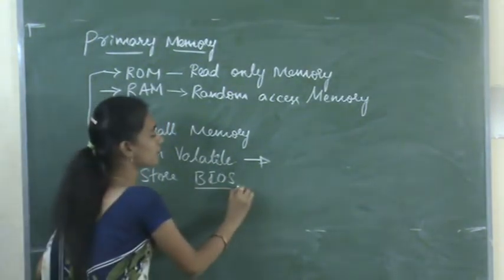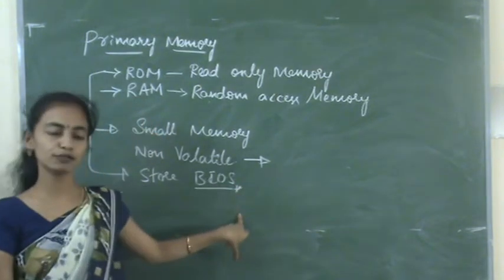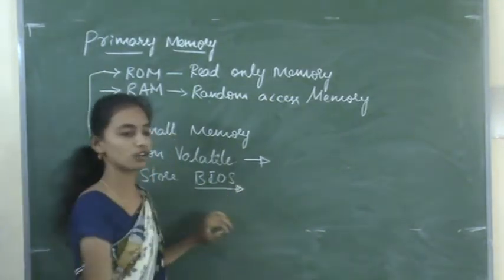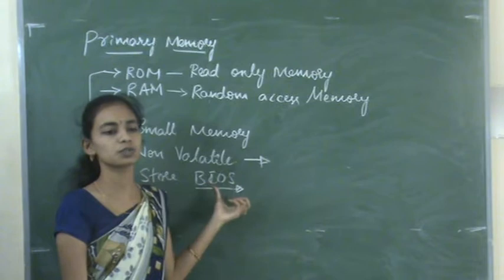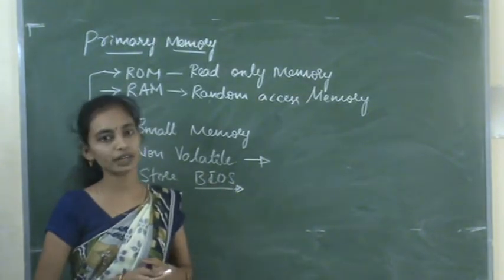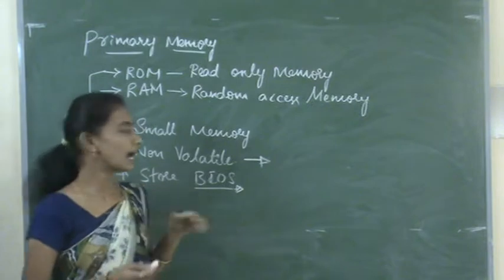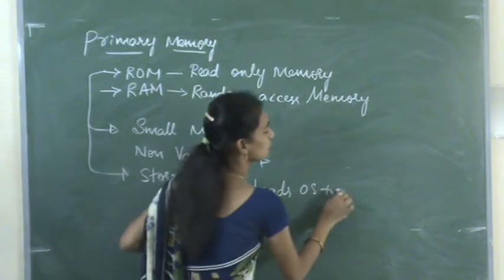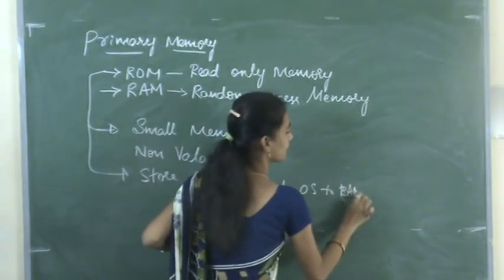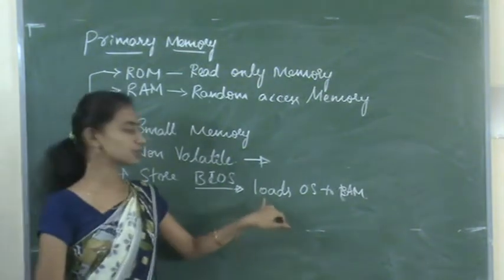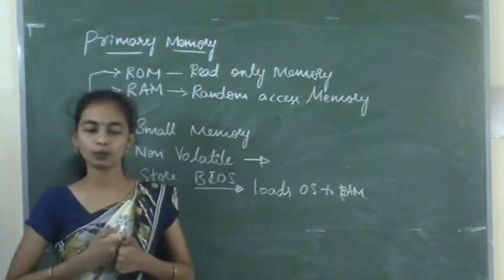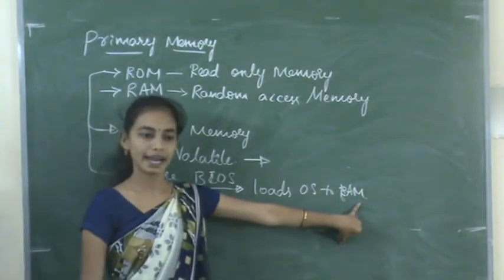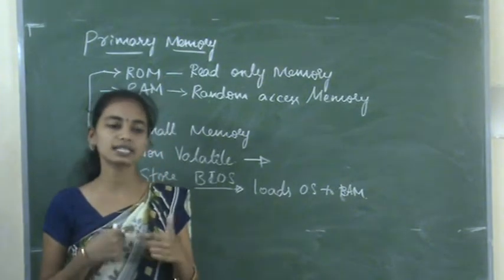We use the BIOS to check whether the hardware components are present and working or not, and then this BIOS loads the OS to the RAM when the system is booting.